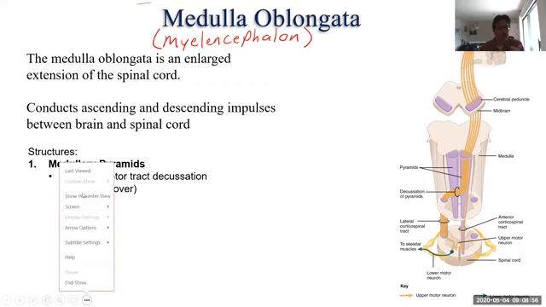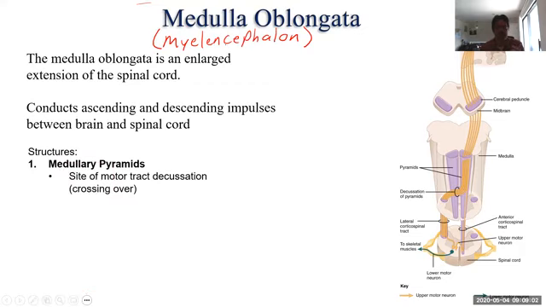So for example, let me just put this up here real quick. We had the telencephalon, like this, which gave rise to the cerebrum.